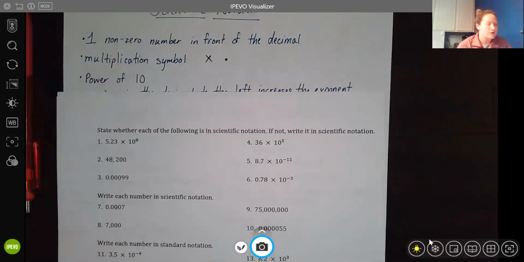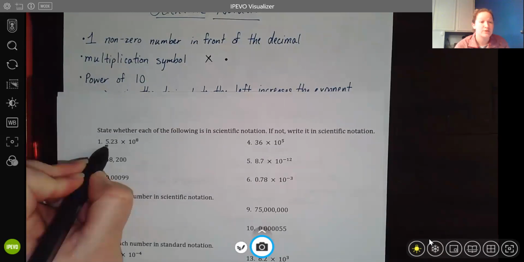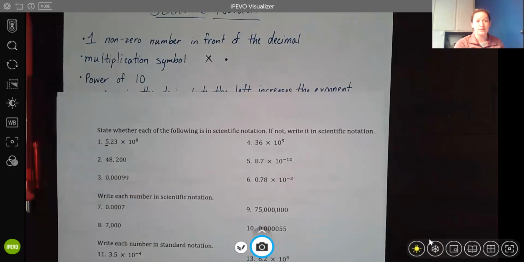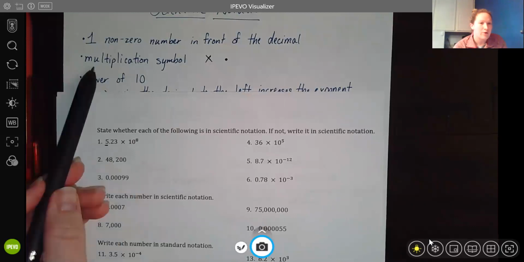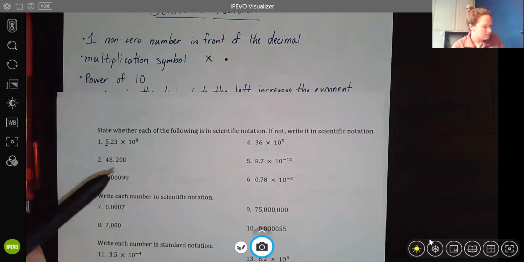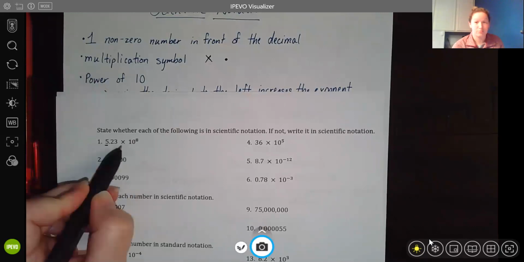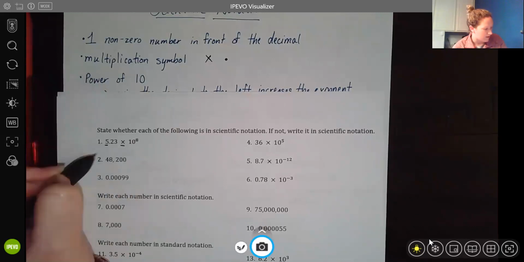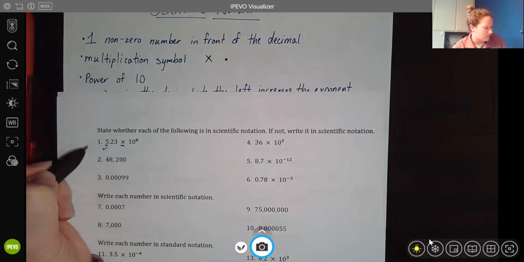So my first thing is, do I have one non-zero number in front of the decimal? Well, the only number in front of my decimal is a 5. So I only have one digit, and it is not a 0. So that part looks great. I need to follow it by a multiplication symbol. That happens right here. So check, right? We have that non-zero number in front of the decimal.